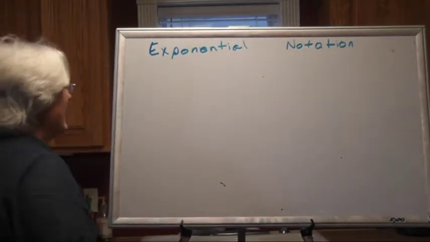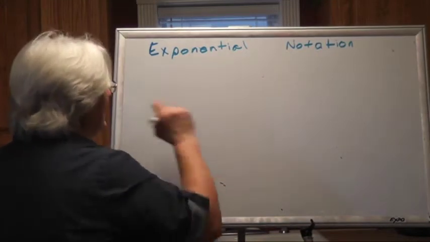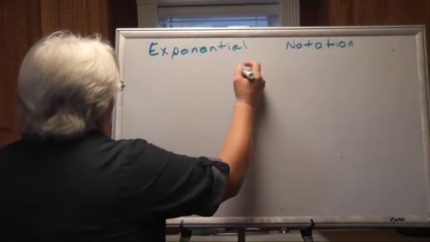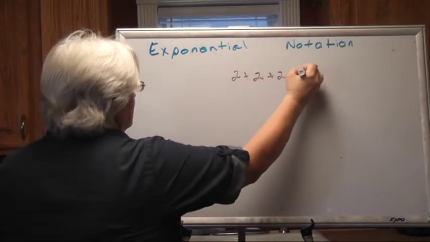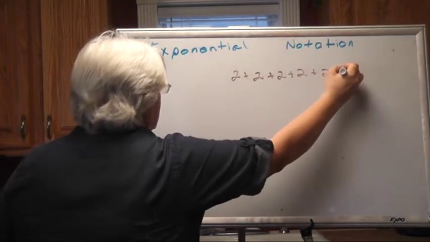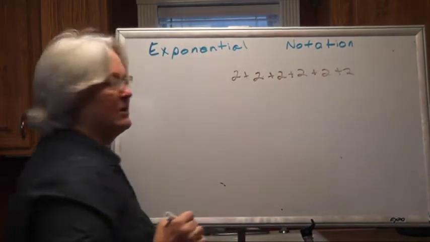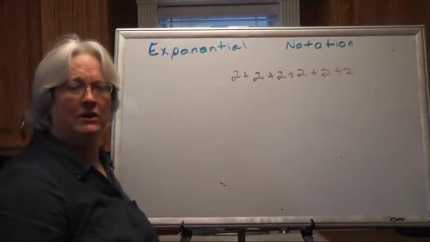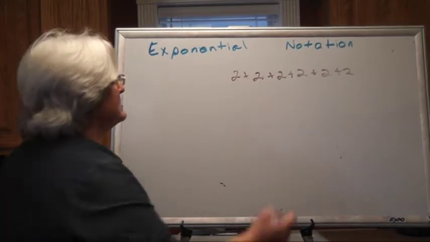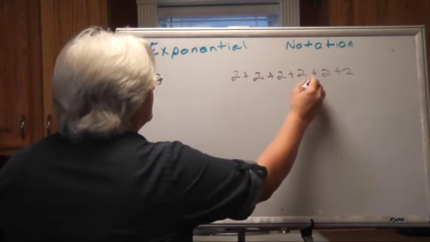So, what happens if we have 2 plus 2 plus 2 plus 2 plus 2 plus 2? We look at that and we think, oh goodness, am I adding 2 together 6 times or 7 times? 1, 2, 3, 4, 5, 6.